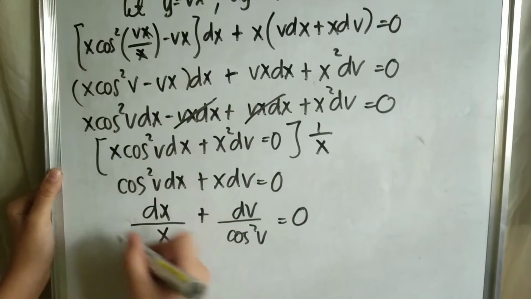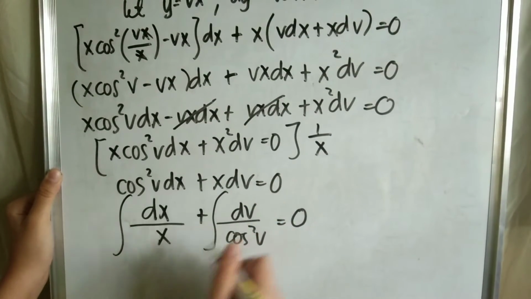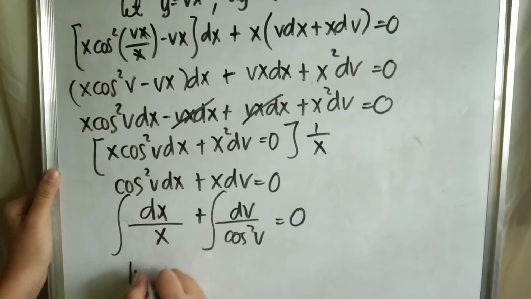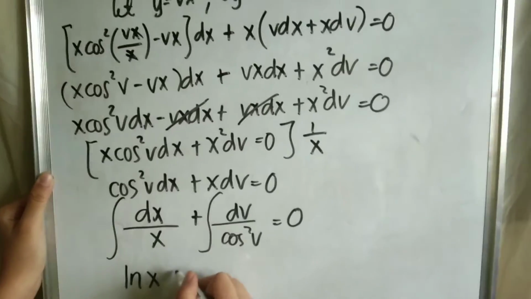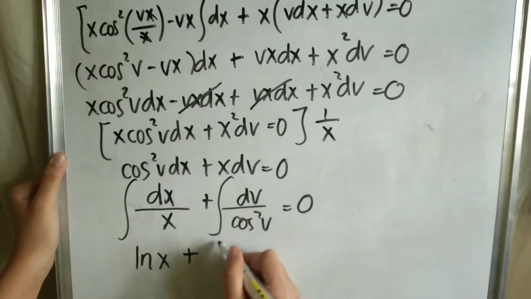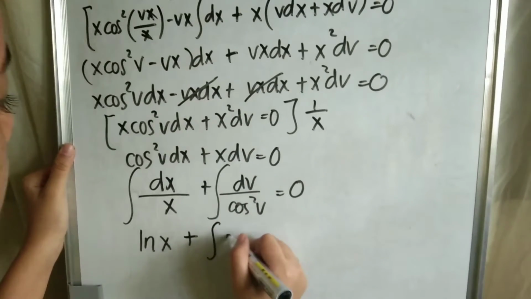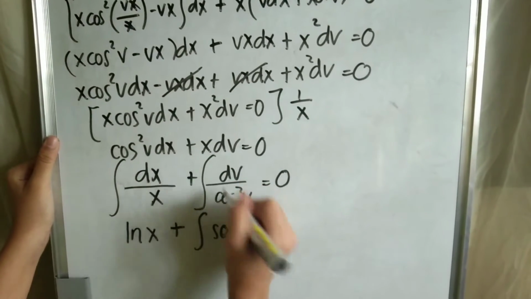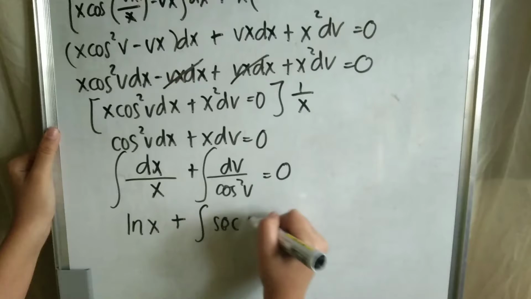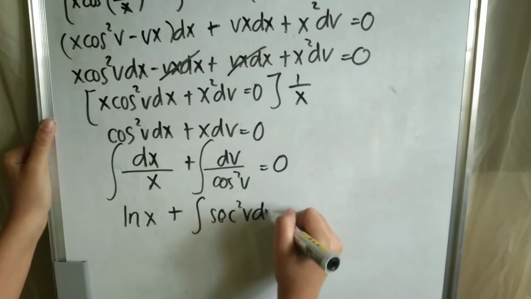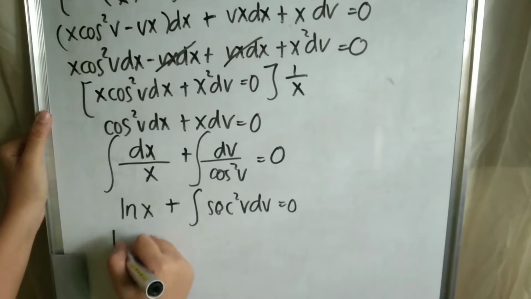And finally, we can now integrate. The integral of dx over x is ln x plus, this is 1 over cos squared v, which is equivalent to sec squared v dv, equals 0.